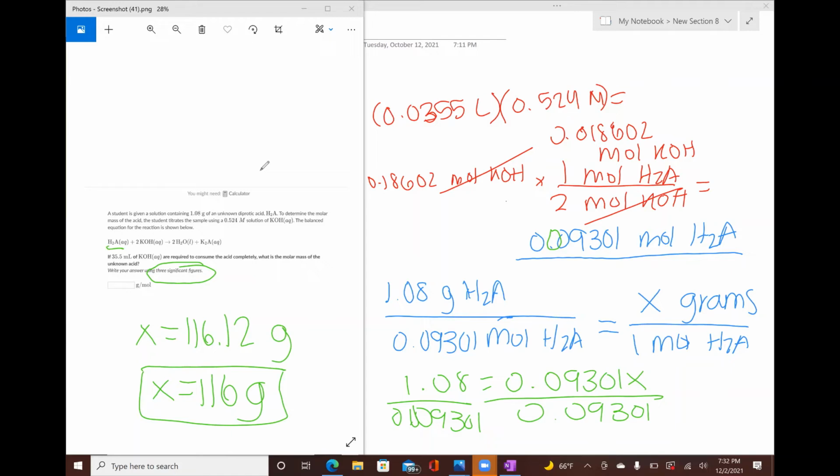So you can just set up the simple proportion and that would work. And it should be 0.009, because 0.018 divided by 2 is 0.009. So 116 grams. That was a hard stoichiometry question.